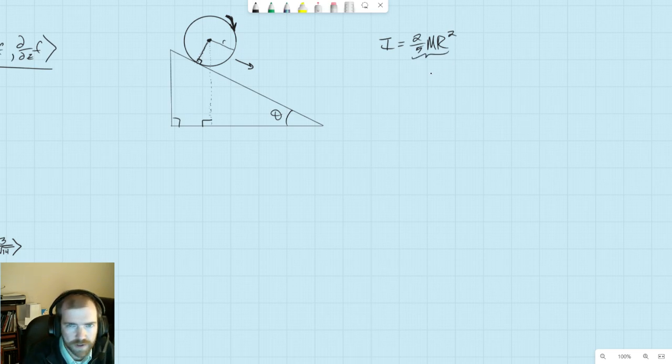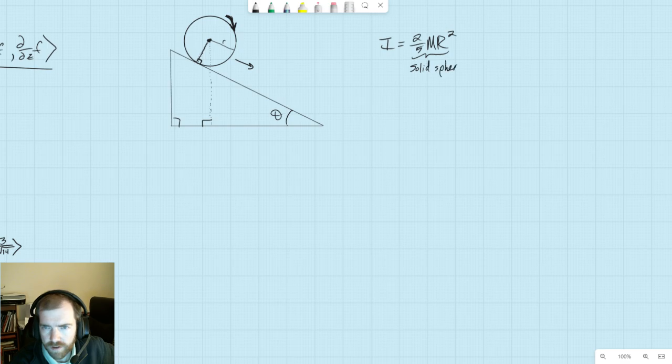Alright, so the inertia of 2/5 mr squared is coming from the inertia for a sphere. This is a solid sphere. And then you said that you're adding mr squared.